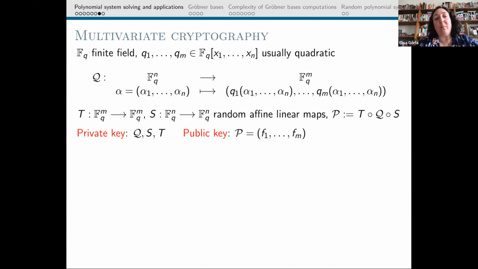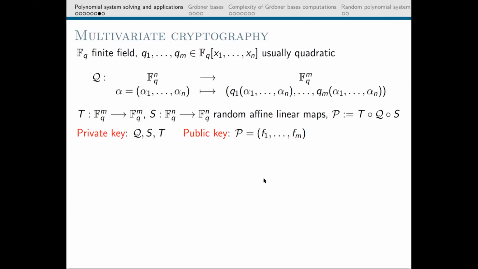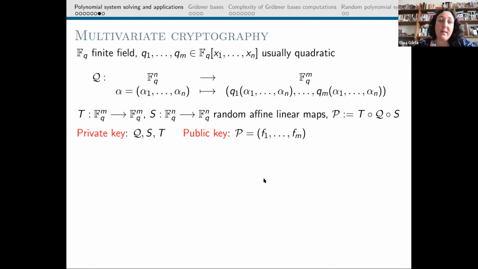And so multivariate cryptography and other proposals in post-quantum cryptography become relevant because these systems are based on problems which are supposed to stay hard on a quantum computer. We believe that even with a quantum computer, this encryption system will stay secure.